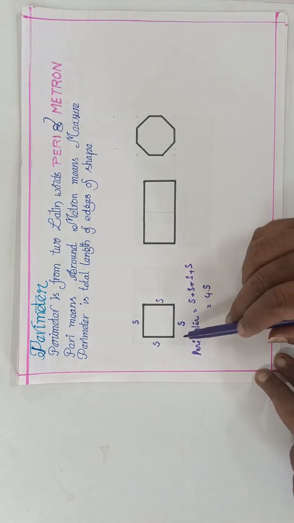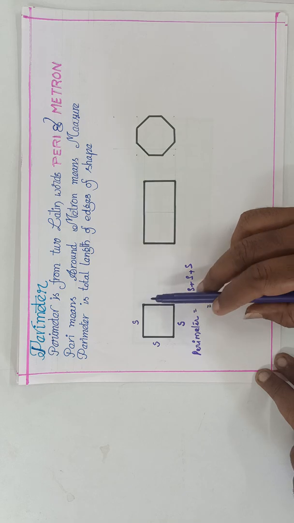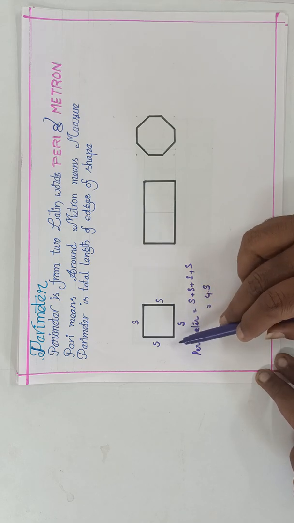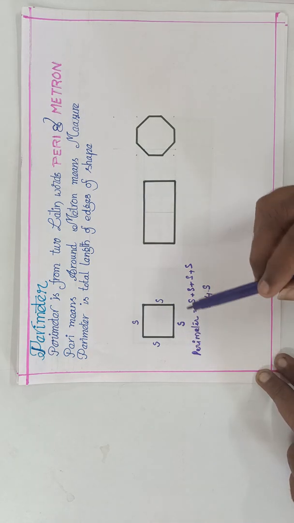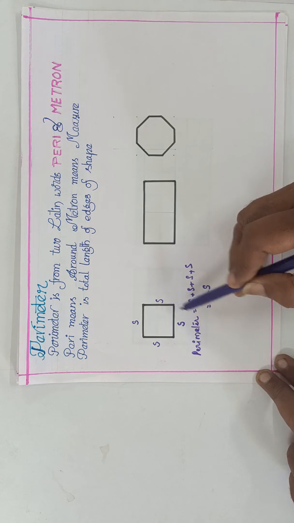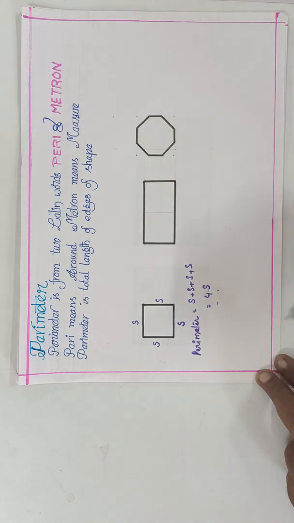If the shape has four sides of equal length, then its perimeter becomes 4S.